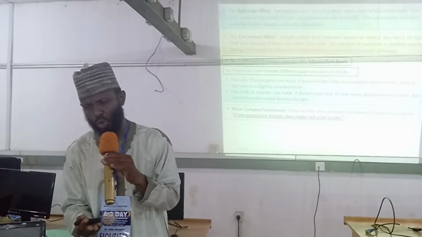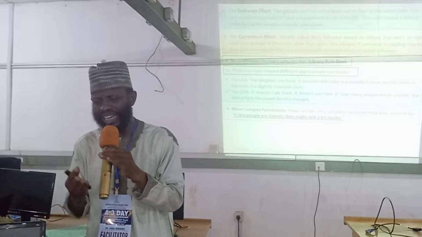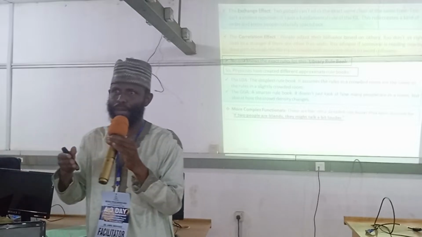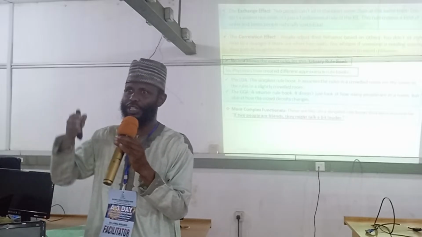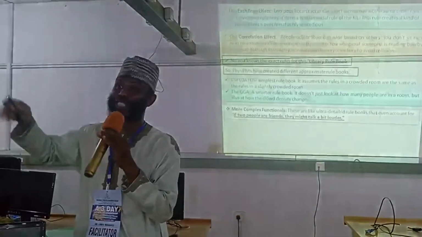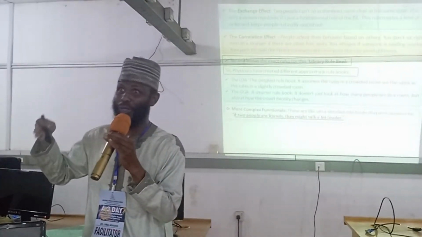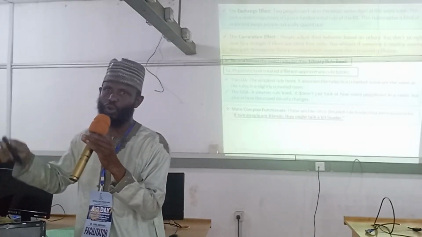It doesn't just look at how many people are in the room, but also how the crowd density changes. So if you have a density, now you just need to integrate the potential density. That will tell you why you have the denser noise and why you don't.